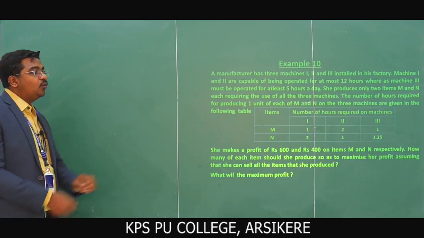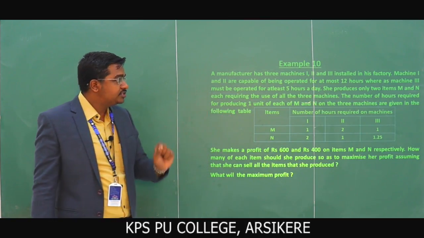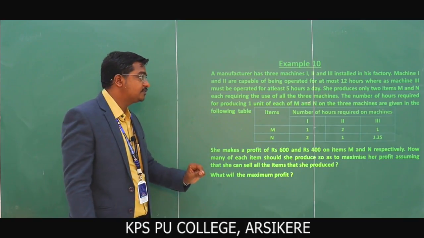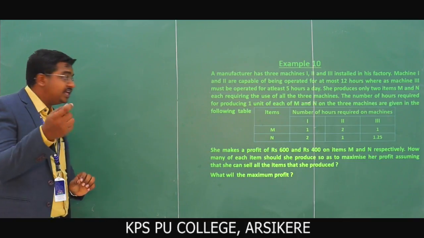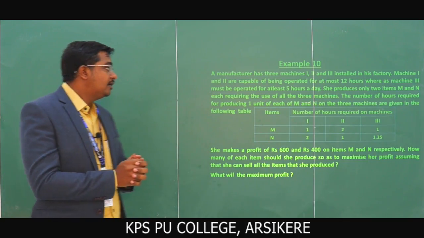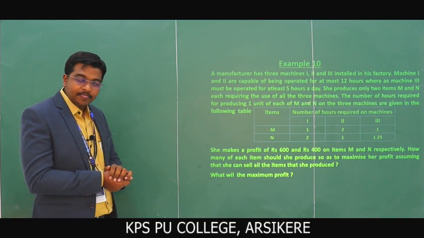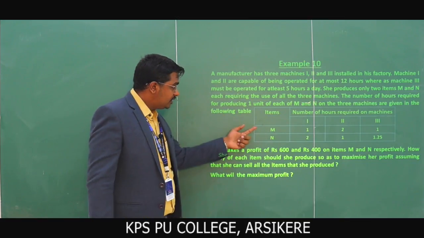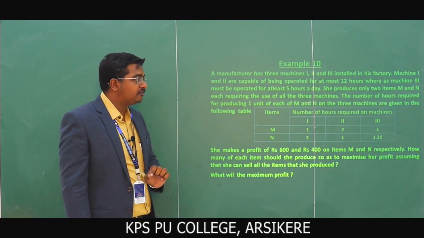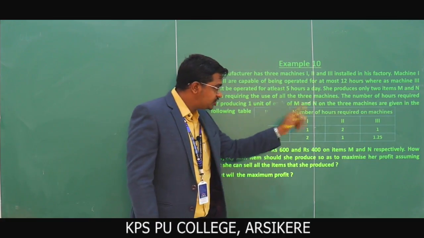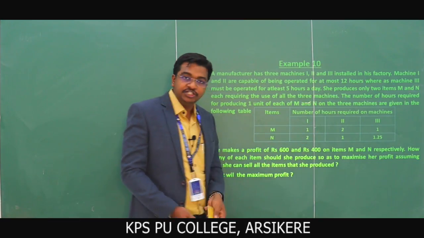She produces only 2 items M and N, each requiring the use of all the 3 machines. The number of hours required for producing 1 unit of each item M and N on the 3 machines is given in the following table. Just observe the table. Items M and N, they have given 2 items M and N. The number of hours required on machine 1, machine 2 and machine 3.